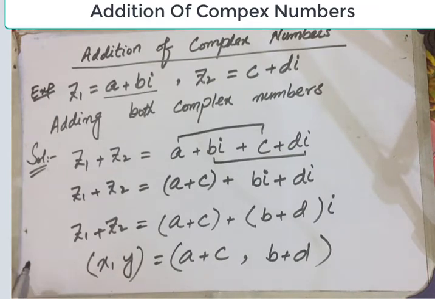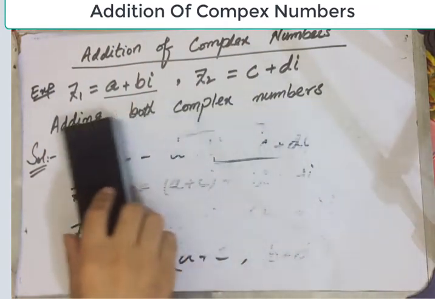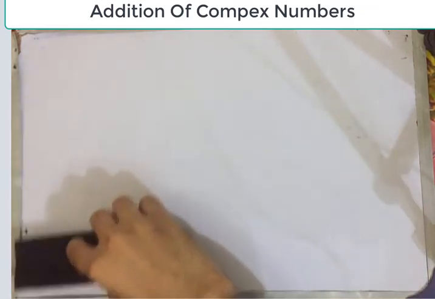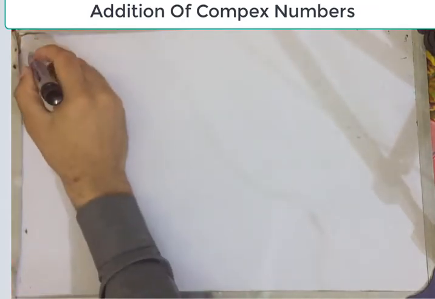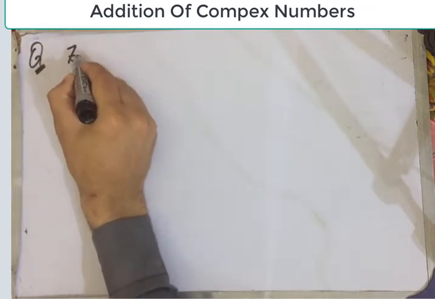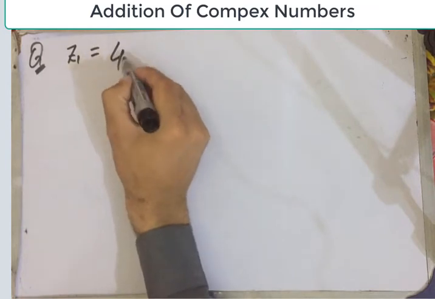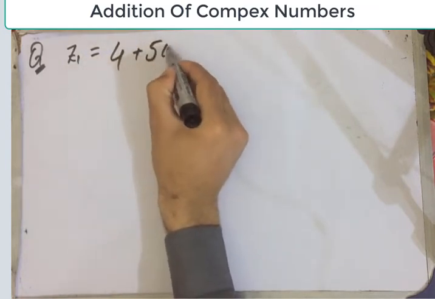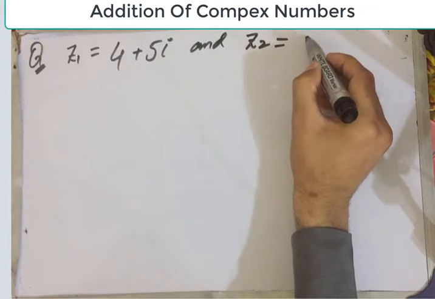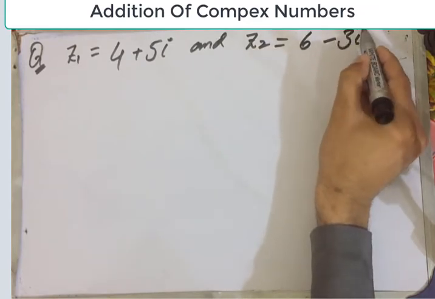Let's solve with proper examples. The question is, given that z1 is equal to 4 plus 5 iota and z2 is equal to 6 minus 3 iota.